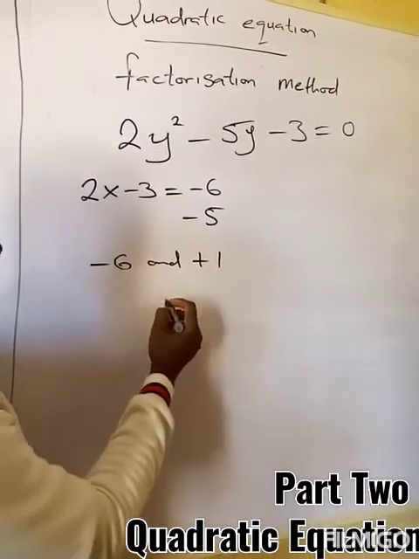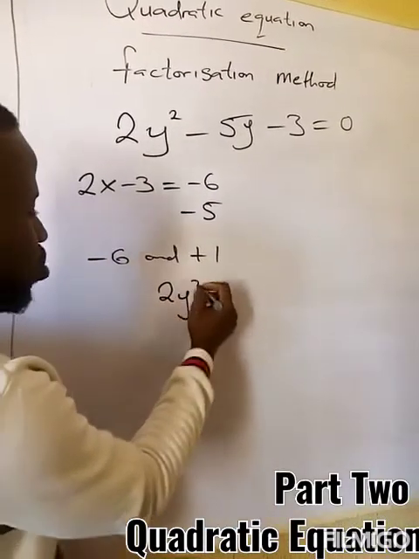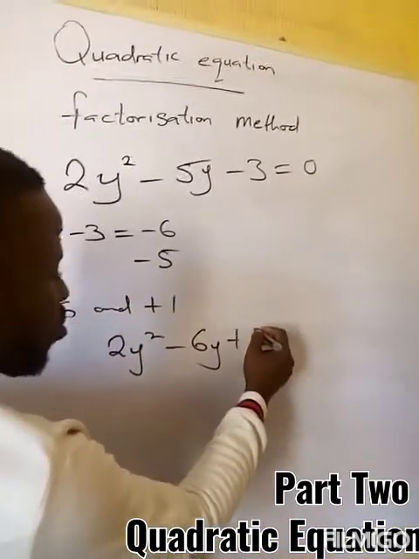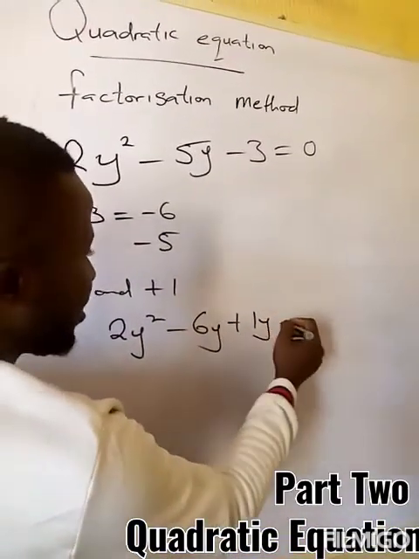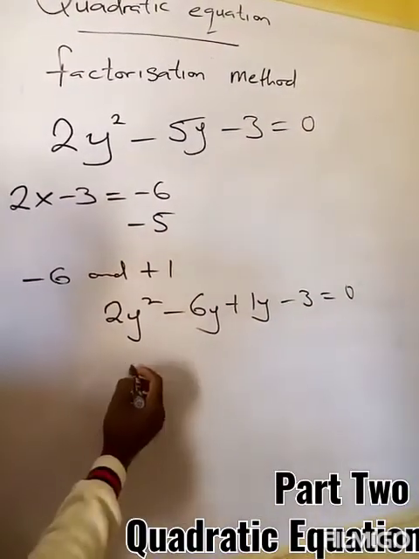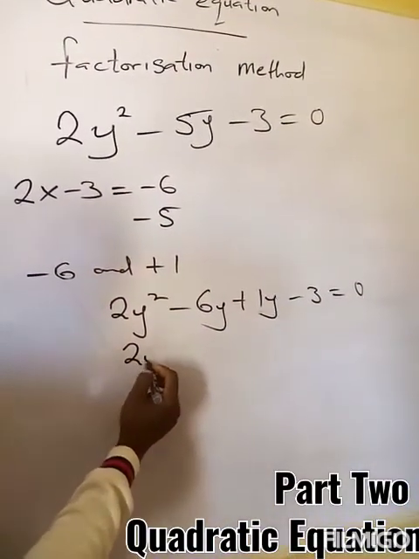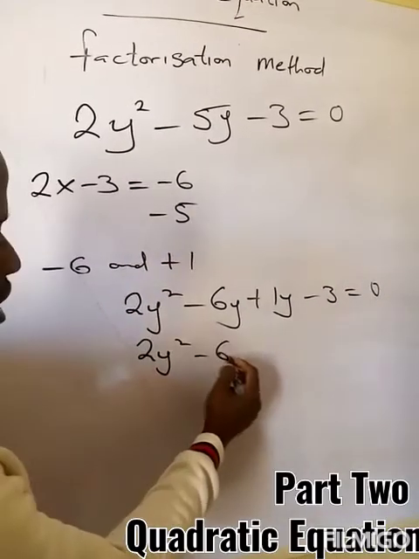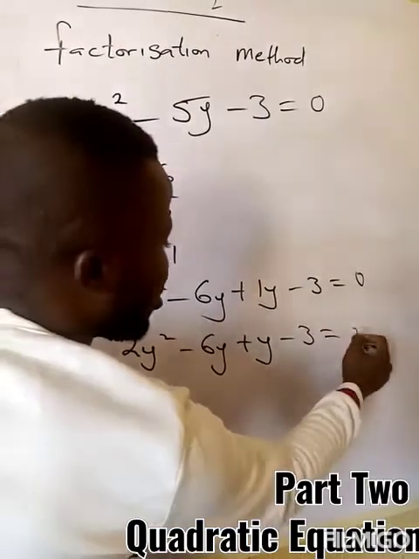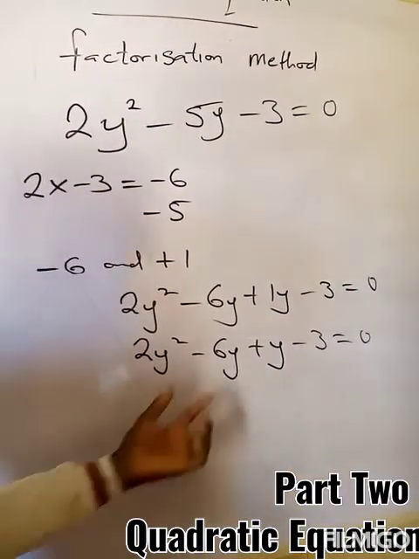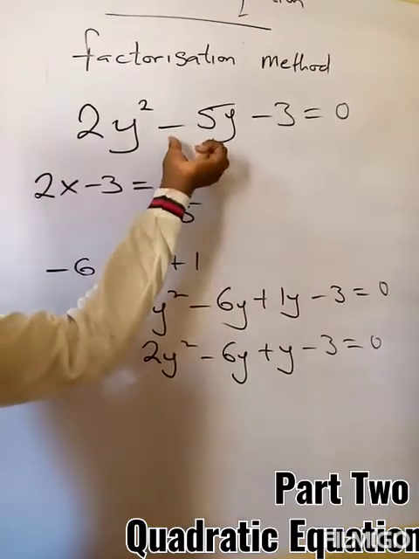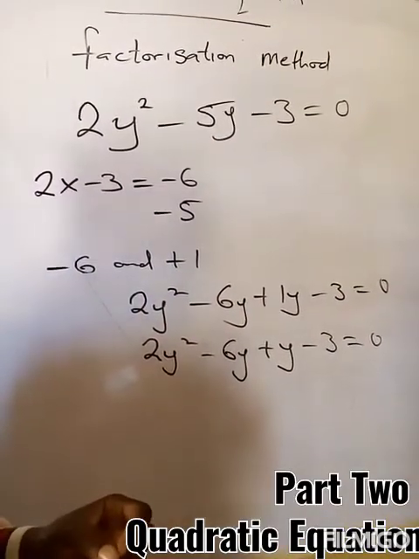It becomes 2y squared minus 6y plus 1y minus 3 equals 0, which we can rewrite as 2y squared minus 6y plus y minus 3 equals 0. If we add these together, we get our minus 5y back.